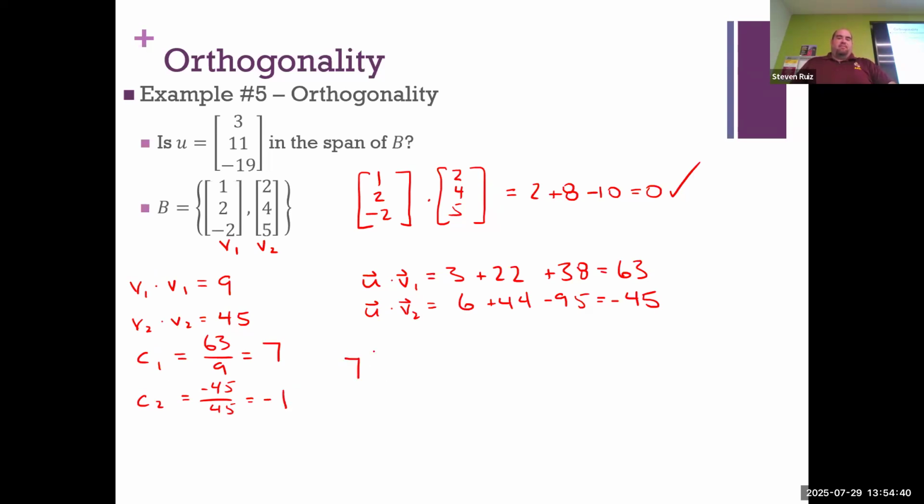What do I know about this vector that I'm writing down? 7 times 1, 2, negative 2, plus minus 1 times 2, 4, 5. After I add these things together, what would that give me? 3, 10, negative 19.